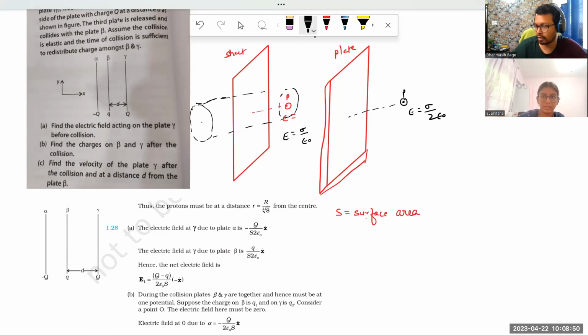Or am I mistaken? Just a second. Sir, but isn't sheet sigma by 2 epsilon naught? Oh, sheet, right? Sigma by 2 epsilon naught, and this is sigma by epsilon naught, right? Yes, sir. Just confirm.